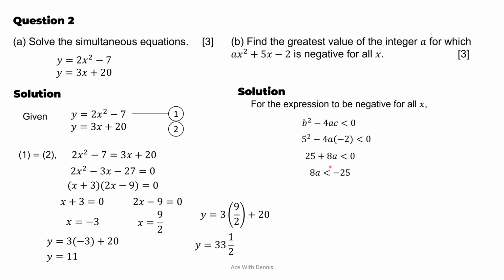Then 8a is less than -25, so a is less than -25 over 8, or a is less than -3 and 1 over 8. Hence, the greatest value of a, as asked by the question, will be -4. Then this is the answer.